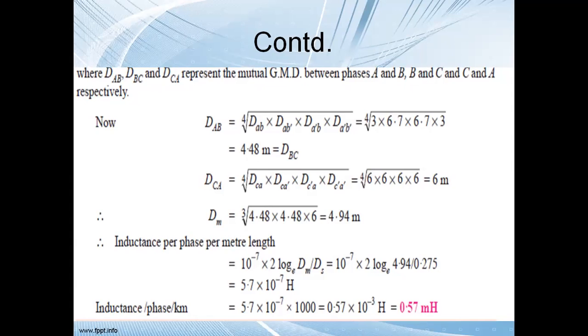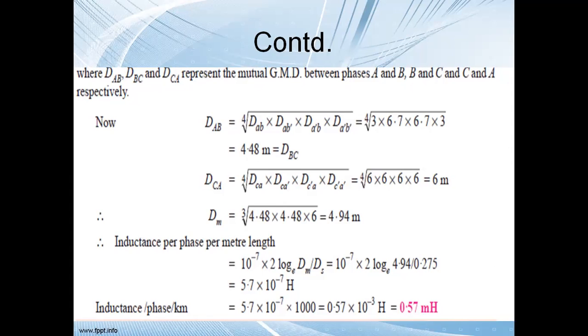That is in meter. If you convert it into kilometer, it will be multiplied by 1000. That means it will be 0.57 millihenry.